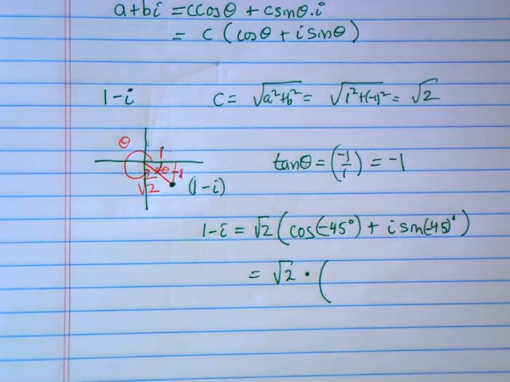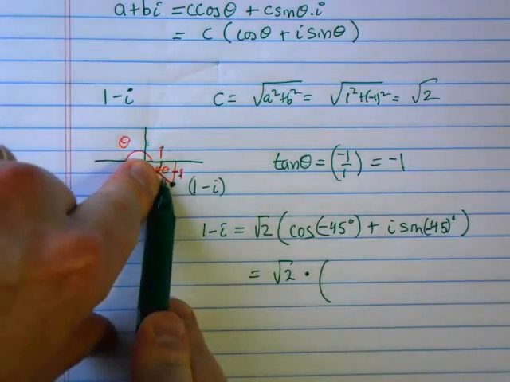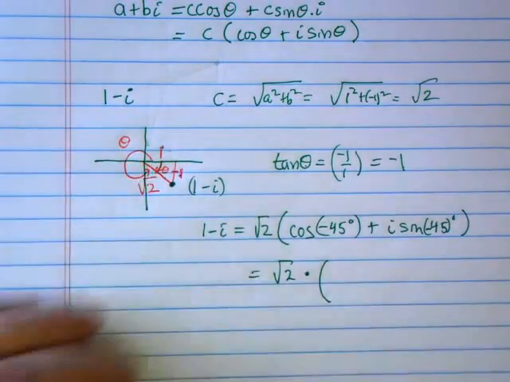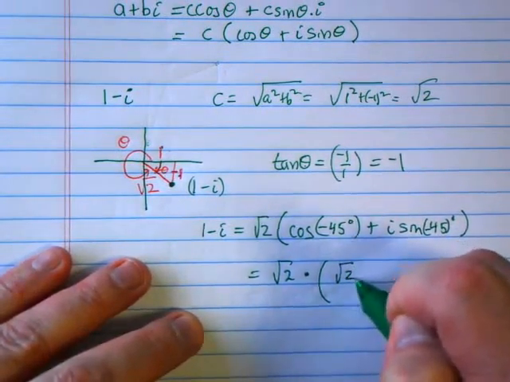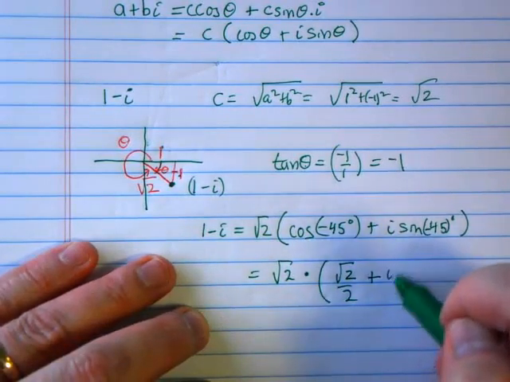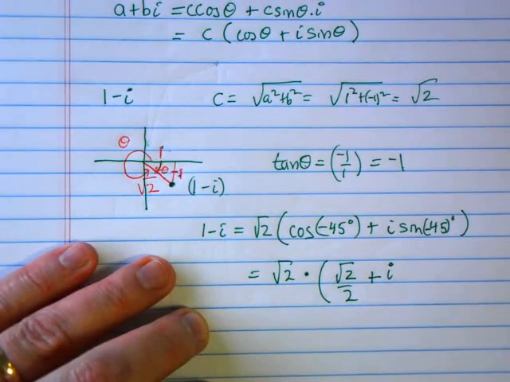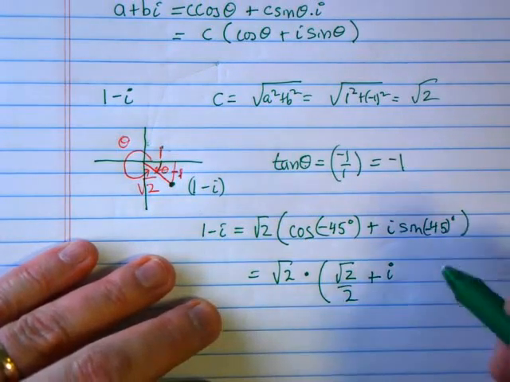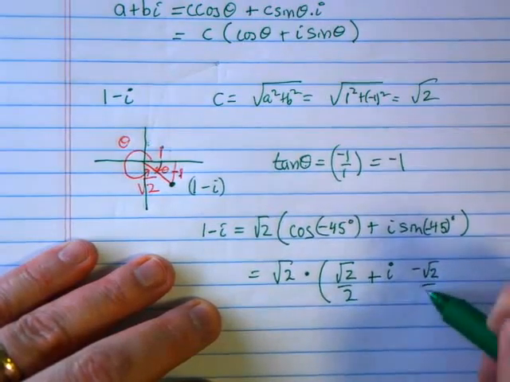Close. It's not -√2 over 2. It's root 2 over 2, because we're down here in quadrant 4, and cosine is positive in quadrant 4. So it's square root of 2 over 2 plus i sine of -45, which is -√2 over 2.